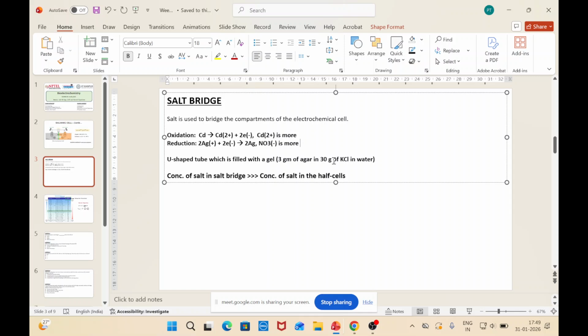So let me write this so that the things are more clear. In anode, Cd2+ is more. So NO3- ions from the salt bridge diffuse to the electrolyte.